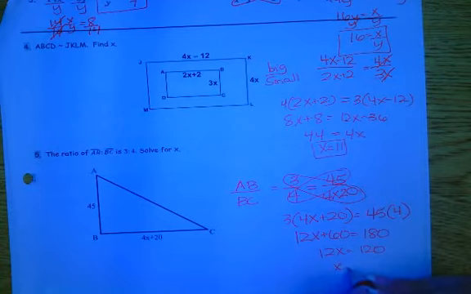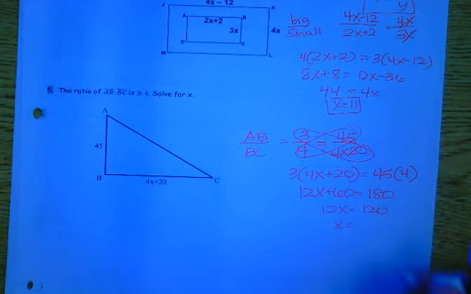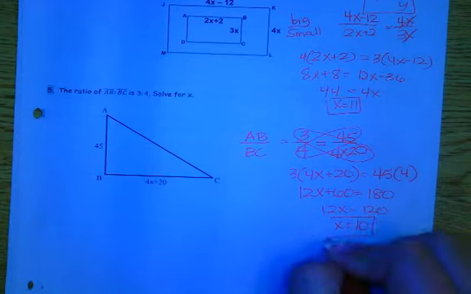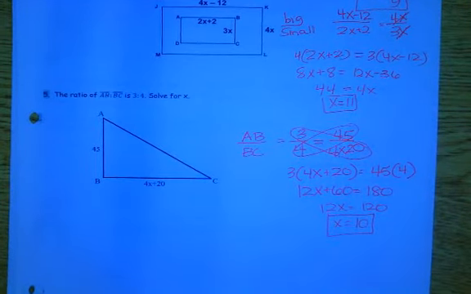What does x equal? 10. Okay, here is a question for you. If your side length has to be in the ratio of 3/4, okay, what would be the length of AC?